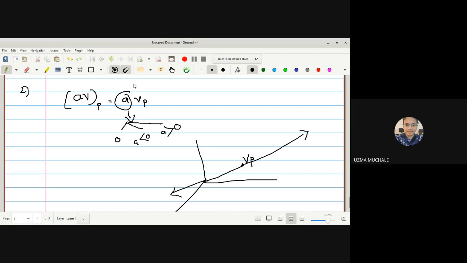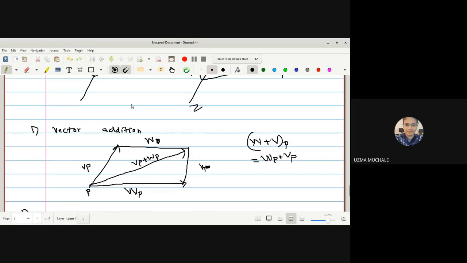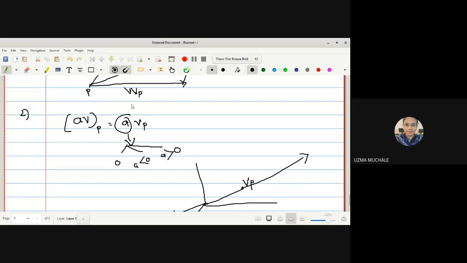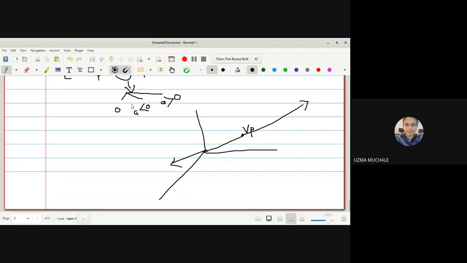So this shows you the vector addition with the help of the parallelogram law of vector addition. And scalar multiplication depends on the value of the scalar you have selected, and hence it is called scalar multiplication.